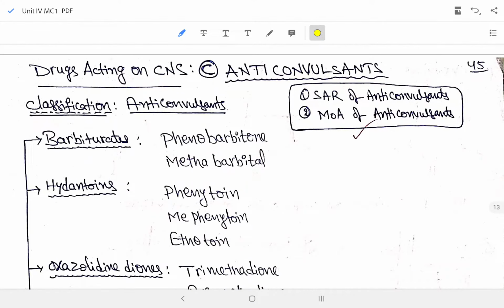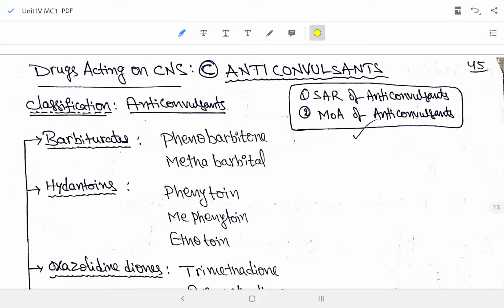Anticonvulsants: most people are aware of a common term called fits. When people see someone suffering with fits, they usually put some keychain or keys in their palm so that their shivering stops.